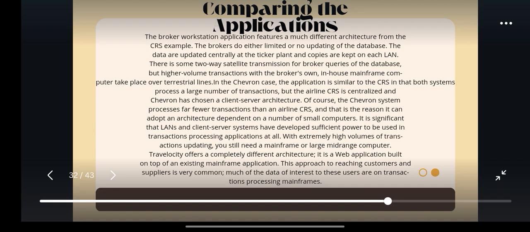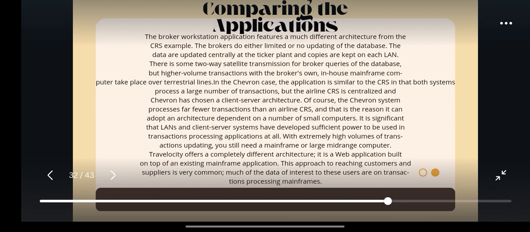So, here we compare the Chevron system and the airline CRS that we discussed earlier. The Chevron system has fewer transactions, while the airline CRS has many, and that is the reason it can adopt an architecture dependent on a number of small computers.